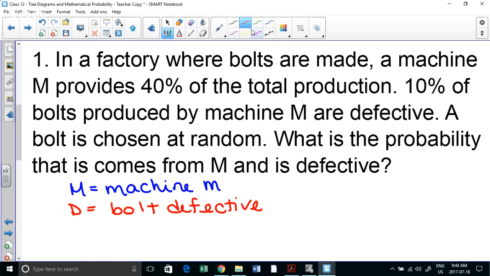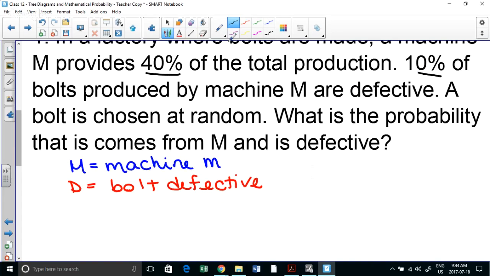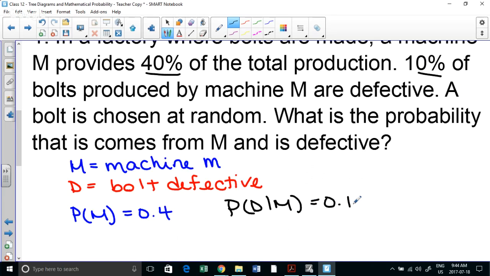we now have to understand what these two numbers represent. So the 40% means the probability of machine M is 40% or 0.4. 10% of bolts produced by machine M are defective. Okay, so that would be the probability of defective, given that it comes from machine M, would be 0.1.